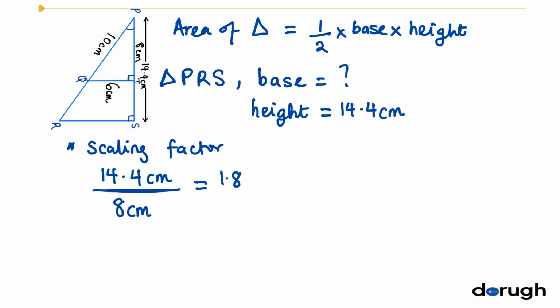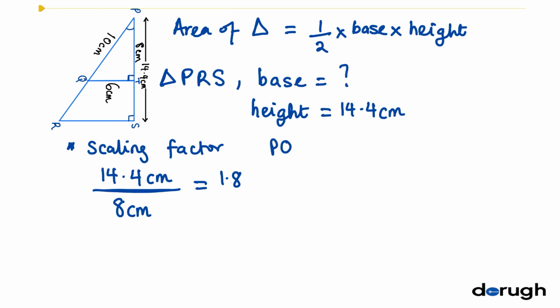Remember, it's a factor, so we don't need to have any units. What does this 1.8 mean for us? It means that for the smaller shape, all we need to do is multiply the length of a side by this scaling factor, and then we're going to get the length of the corresponding side in the bigger shape.